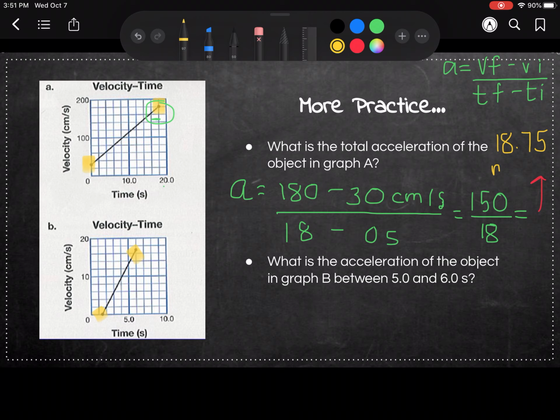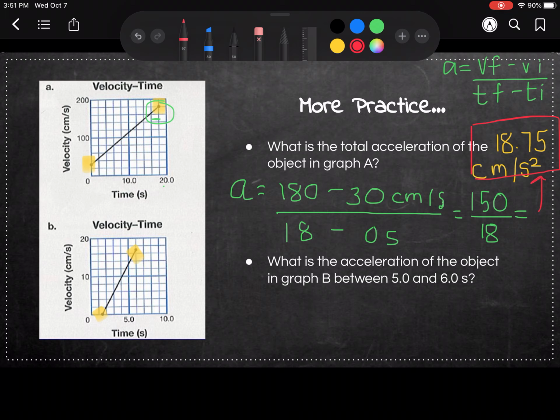And that is in meters, centimeters, just kidding. Centimeters per second squared. Okay? We had centimeters per second on the top and seconds on the bottom, so that makes centimeters per second squared, and that is our answer for that question. Okay? It is already in 2 decimal places, so we are good.